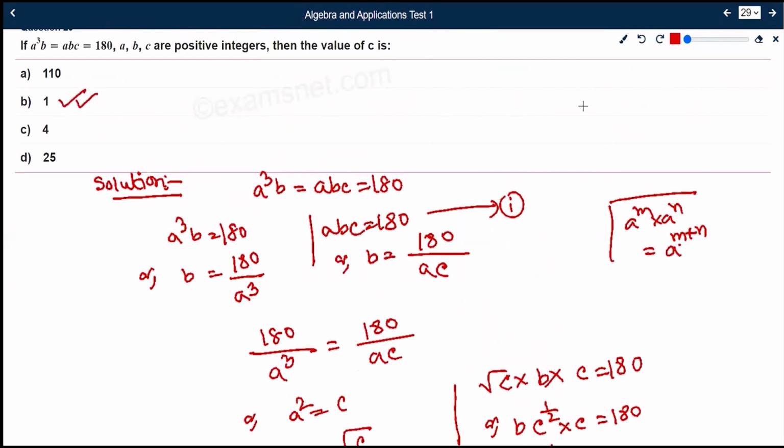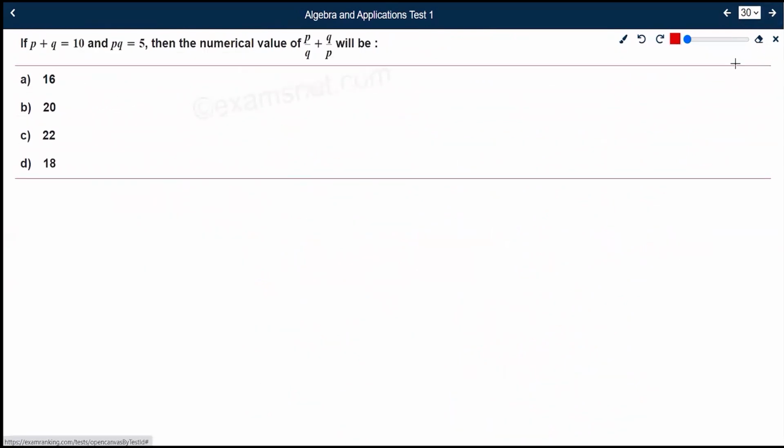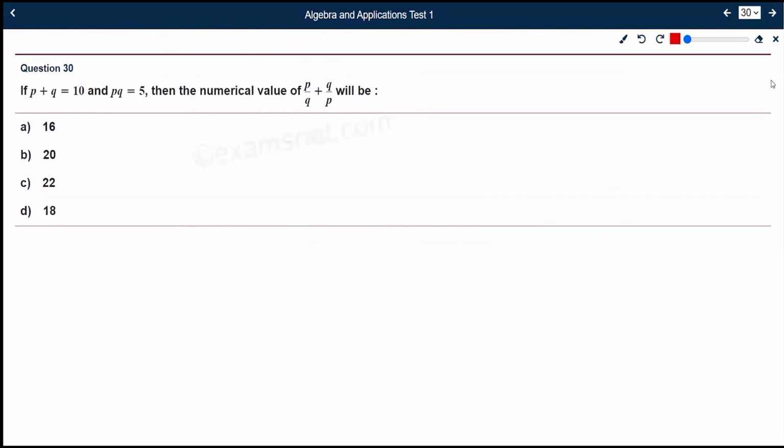Next, question number 30. If p plus q equals 10 and pq equals 5, then the numerical value of p by q plus q by p will be, let's start with the solution.